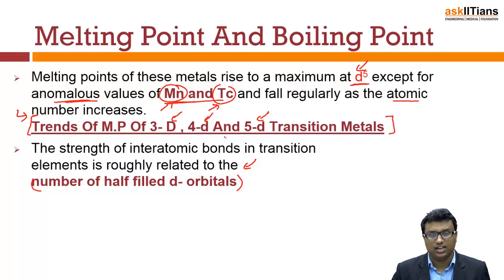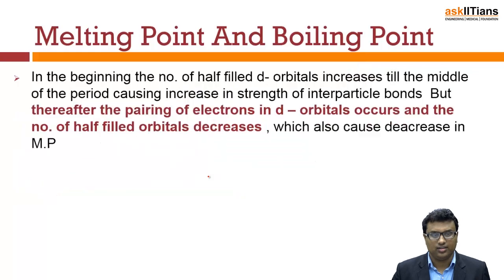The strength of the interatomic bonds is not truly related but roughly related. In the beginning, the number of half-filled d orbitals increases till the middle of the period, increasing the strength of interparticle bonds. Thereafter the pairing of electrons in the d orbitals occurs and the number of half-filled orbitals decreases, which also means a decrease in the melting point.